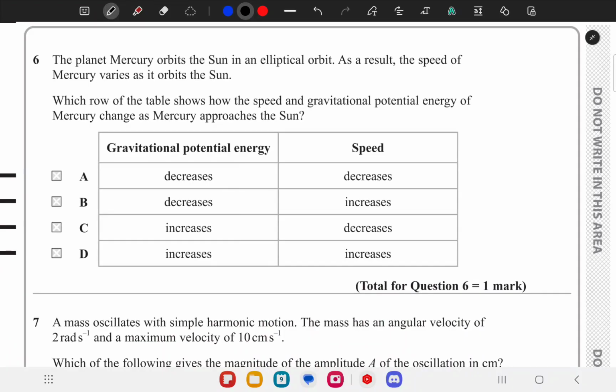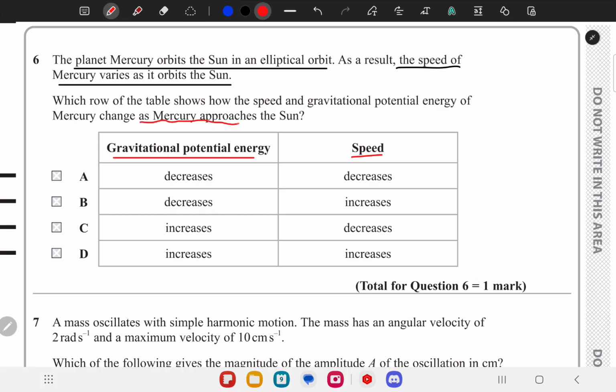Now in question 6, we are given the information that the planet Mercury orbits the Sun in an elliptical orbit. As a result, the speed of Mercury varies as it orbits the Sun. Now we are given the GPE and the speed, the change in speed and GPE as Mercury approaches the Sun.